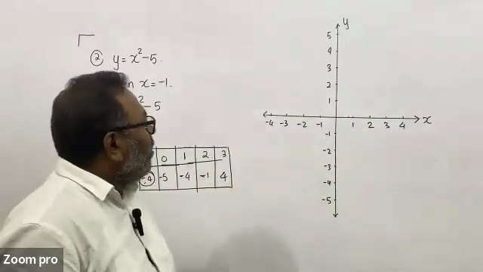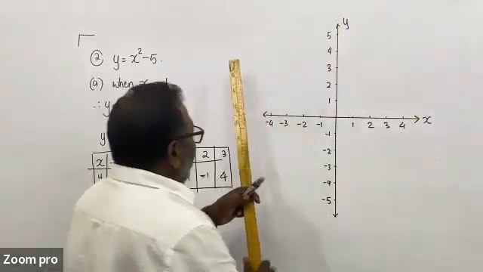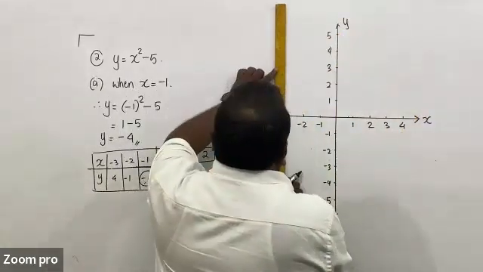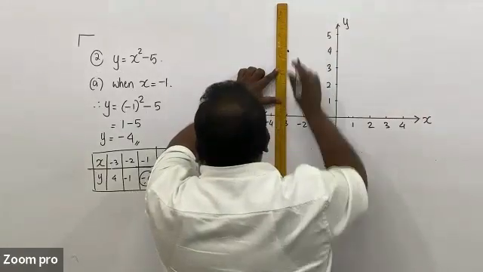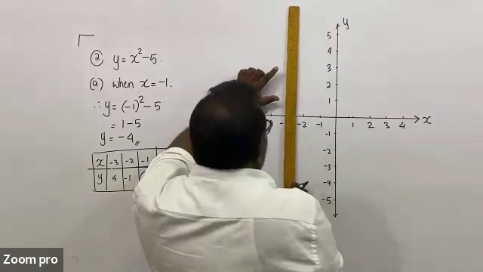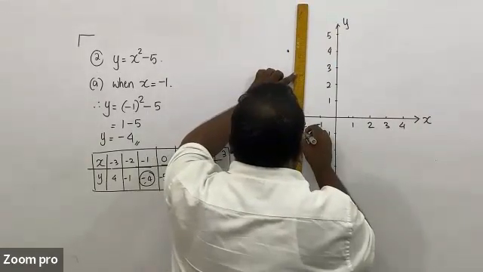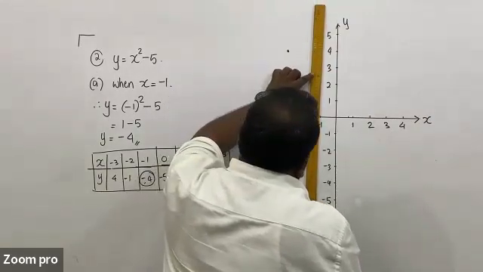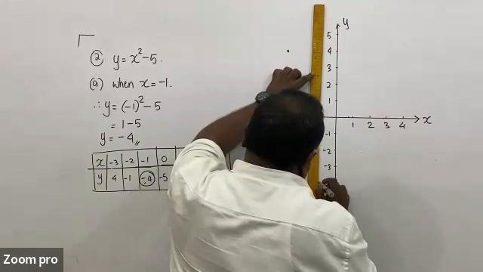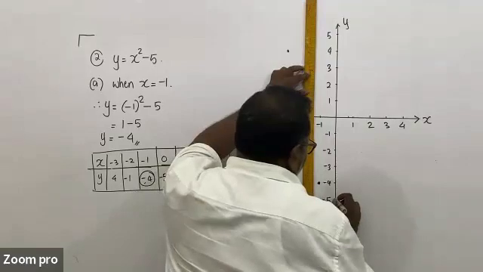So let's plot the graph quickly. They're saying minus 3, plus 4. Then minus 2, minus 1. Minus 1, minus 4. Zero, minus 5.